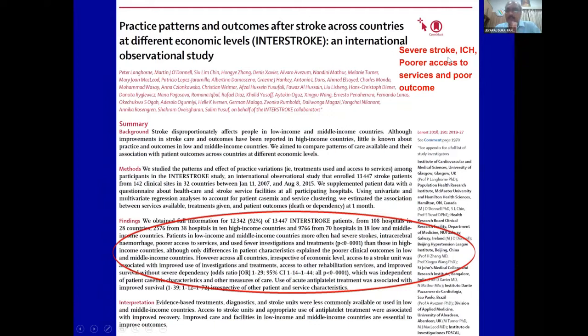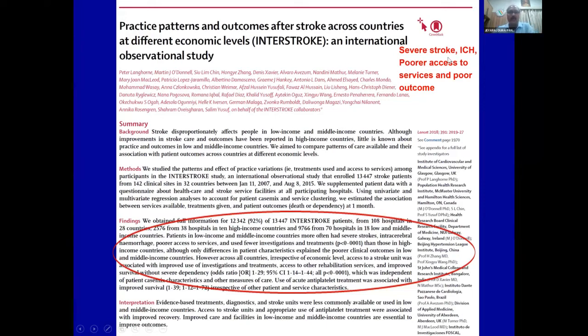So if you have access to good stroke services, the outcome improves. This is from a high quality case control study. So the evidence is so powerful that we need to really focus on stroke care services.